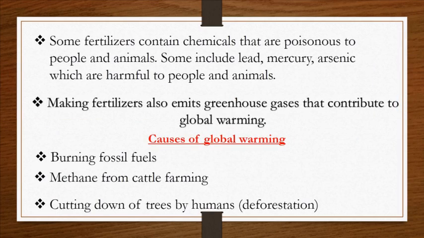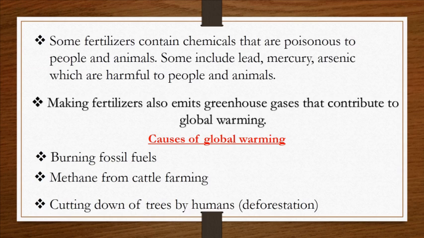Still, we have to discuss some things about fertilizers. Some fertilizers contain chemicals that are poisonous to people and animals, because some include lead, mercury, arsenic, and chromium, which are very harmful to people and animals.